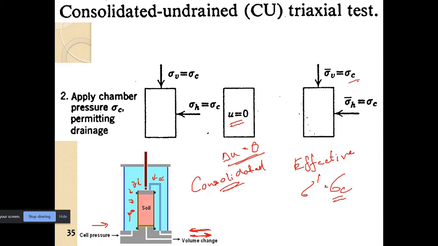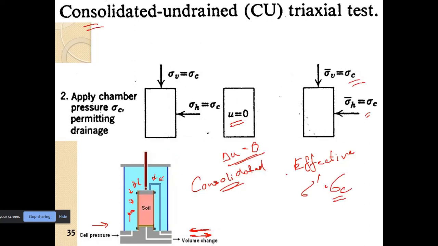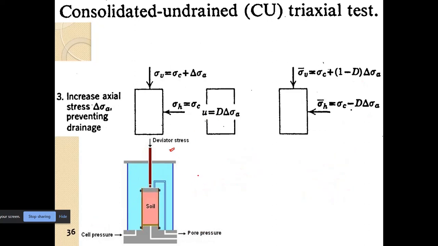So this is the case here in the consolidated triaxial test. And then while applying the deviator load, now that this is consolidated, we close the drainage.